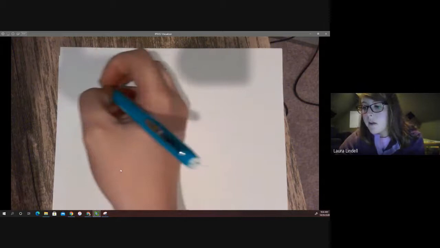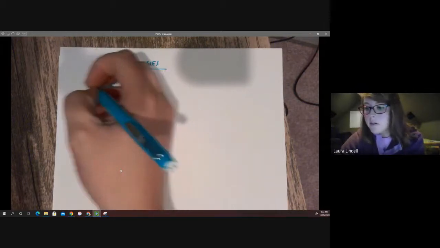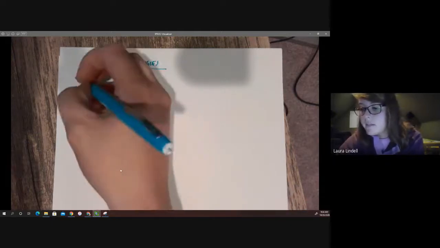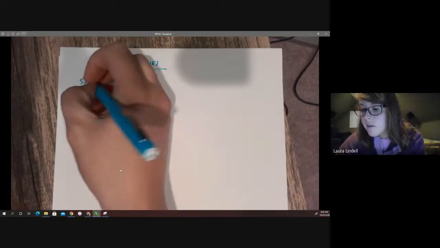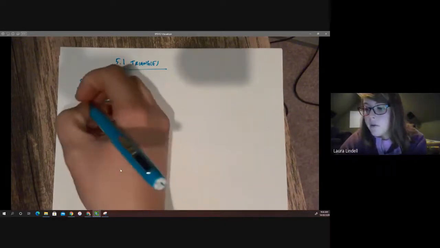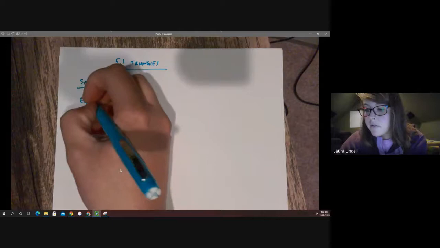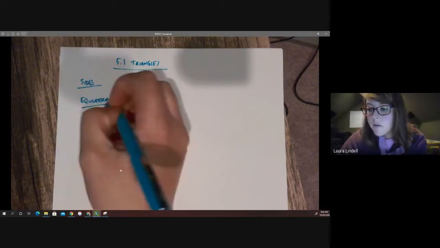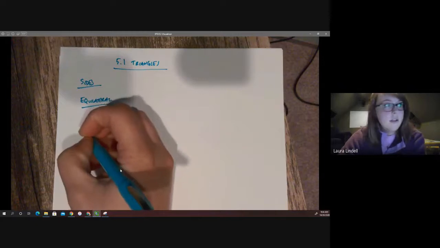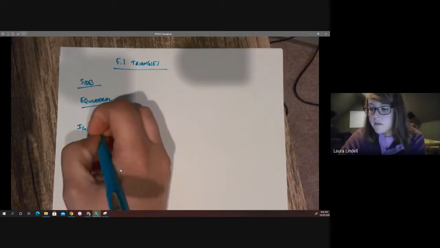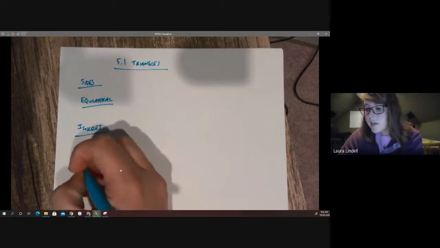So if I ask you to classify a triangle by its sides, there's going to be three main words that we use to talk about a triangle using the sides. The three words are equilateral, isosceles, and scalene.